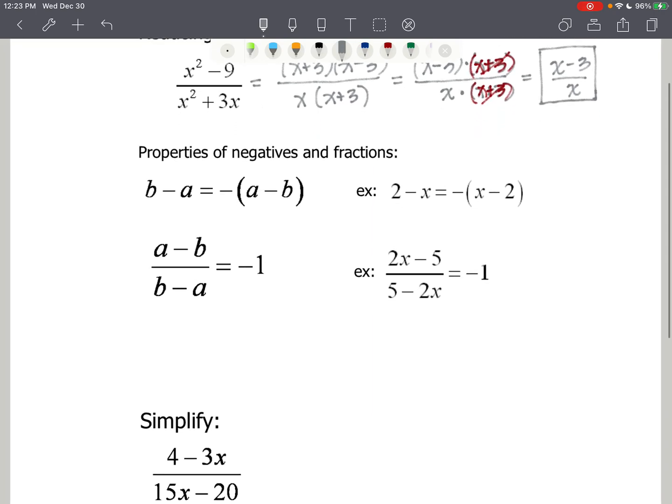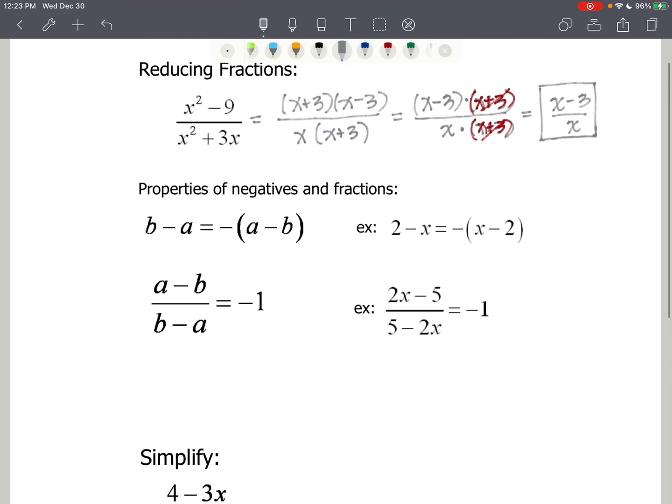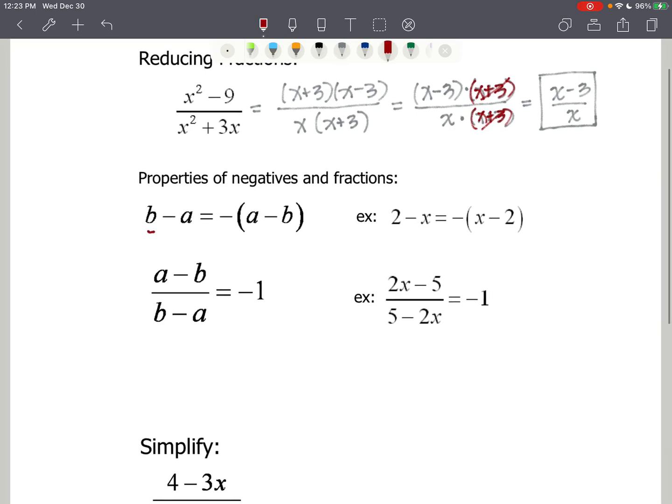Now, in order to work with reducing our fractions, we're going to look at properties of negatives with our fractions. And also just with our terms right here, b minus a is the same thing as the opposite of a minus b. So if you think of this in terms of numbers, if I have 5 minus 2, we know that that's 3.